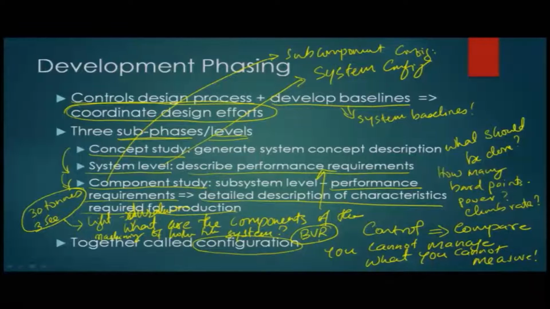All are pretty much part of the development phasing, where the aim is to control the design process and develop the baselines. There are multiple names associated with this, but the general idea is that you develop the baseline, which you use to control the design process, and through this you will be able to coordinate the entire design effort.